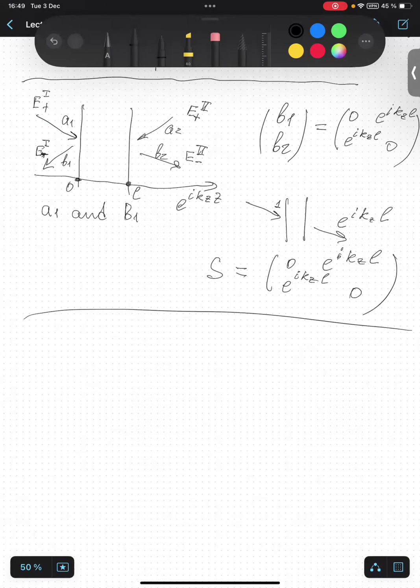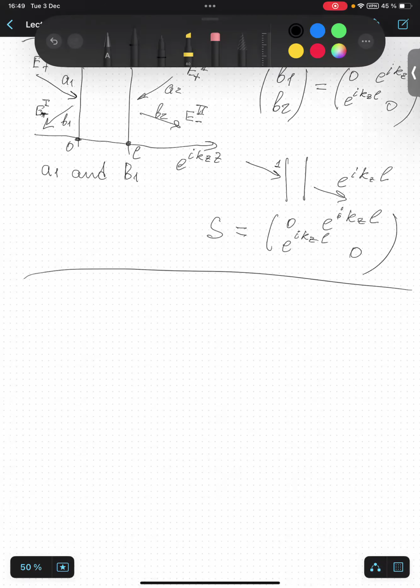Well, we also can consider another example. What if we have some empty space, but what if we have some semi-transparent mirror?